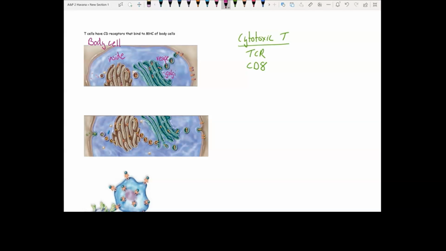Hopefully some of this is coming back to you from chapter 4. This cell is healthy. And cells of the body have to carry ID. Your immune system has to be able to identify cells and know who they are. So these things that you see here are the cell's ID.